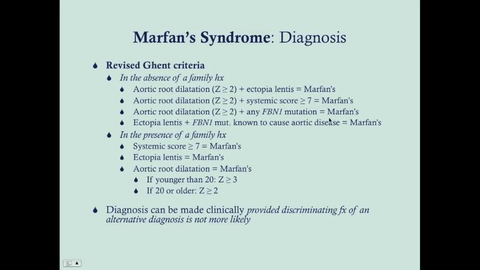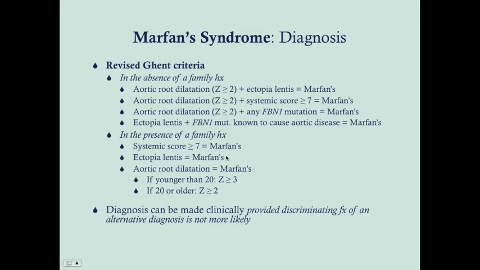Because in Marfan syndrome, the aortic root dilatation tends to be progressive, and so that requires much more significant monitoring. So if a patient has no family history, they have this aortic root dilatation, in that case, that might be a good time to get genetic testing. And then ectopia lentis plus a fibrillin 1 mutation that's known to cause aortic disease, that's Marfan syndrome as well.